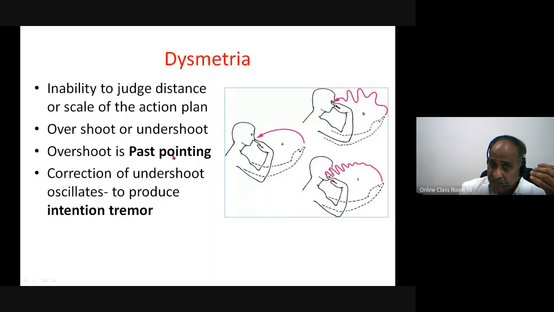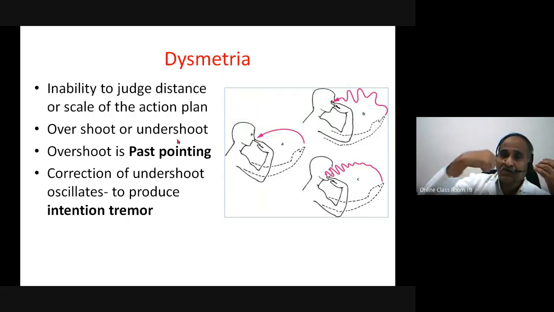Dysmetria, past pointing. Then to correct that past pointing, suppose I have hit here, he will try to bring it back and touch the nose. Say for example, first he comes here, he comes with all the ugliness, and then he touches here and there, and finally touches.